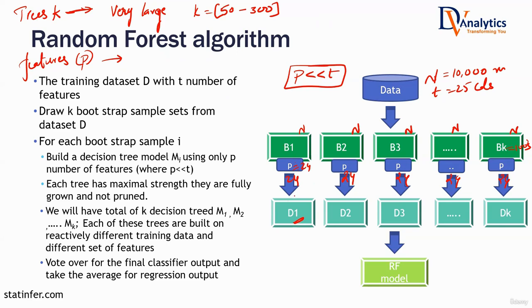Since we are picking 24 out of 25 everywhere, almost all these trees will be identical. You will be building the same tree, almost all the rules will be the same. If almost all the trees are identical, is it going to improve the accuracy? It is almost like building one model and counting it 100 times. That's not going to improve anything.